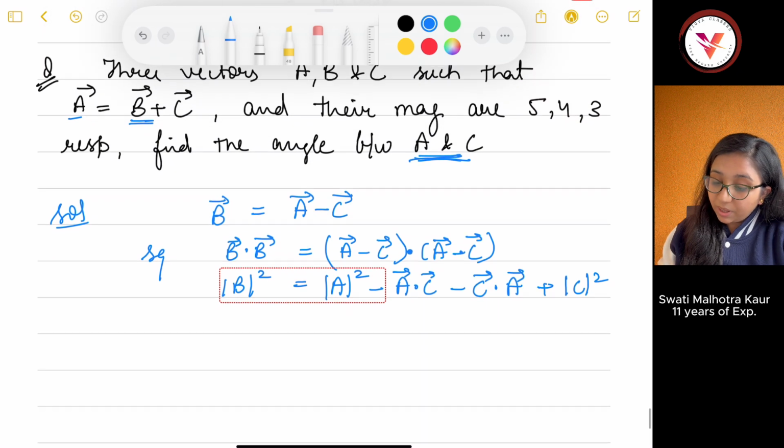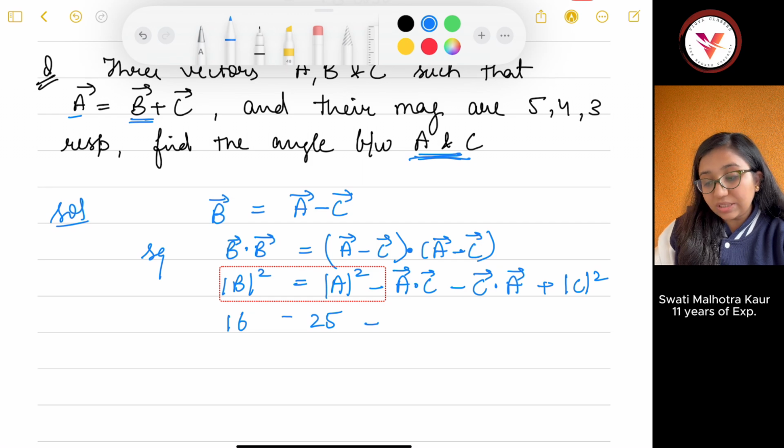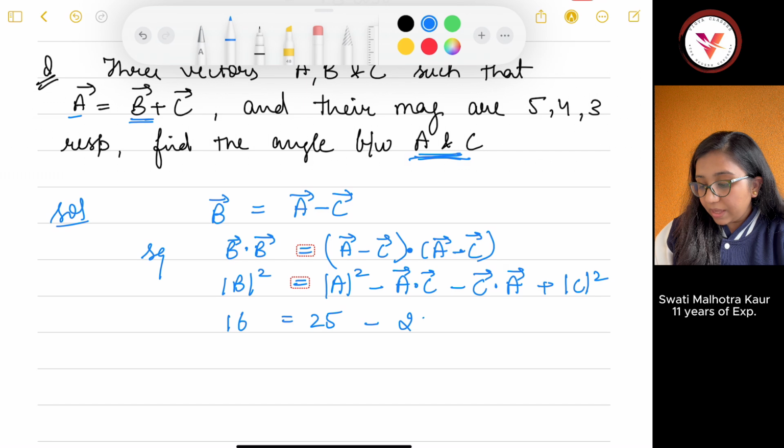Now B has a magnitude of 4, so it becomes 16. A has a magnitude of 5, which is 25. Minus, C dot A can be written as A dot C, so it becomes twice A dot C vector. And C has a magnitude of 3, so it becomes 9.